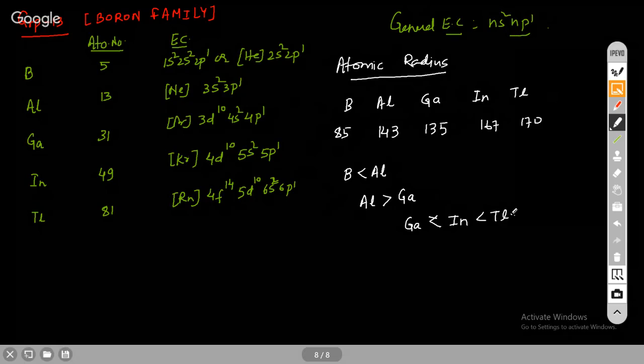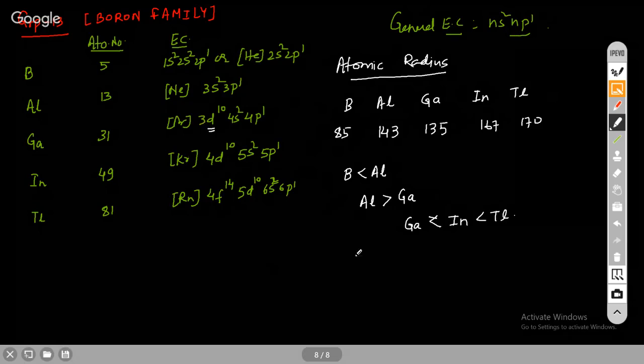The reason behind this is that we are adding an extra energy shell, and at the same time we have the weak screening effect of the d orbital here.